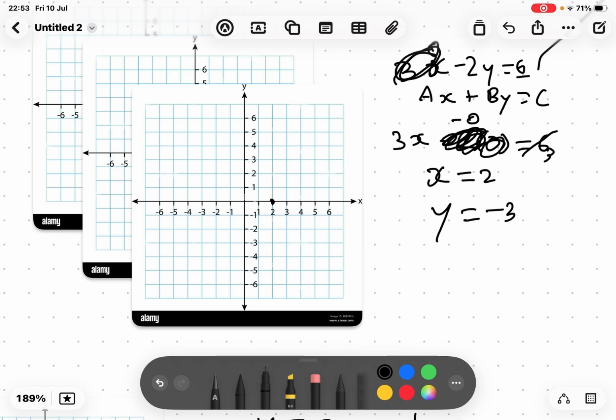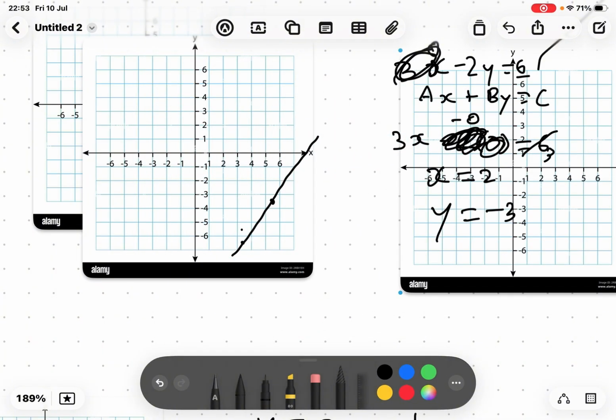After that, we just plot negative 3, and we can just do the thing. Okay, that's bad. Boom. Okay, that's also bad. Boom. Okay, yeah. Amazing. That's what I wanted.